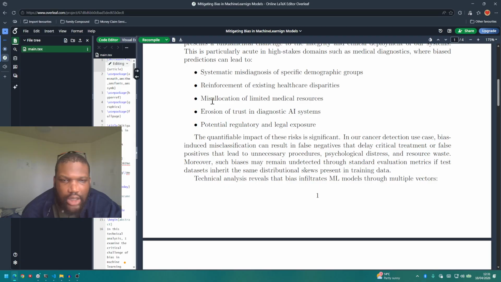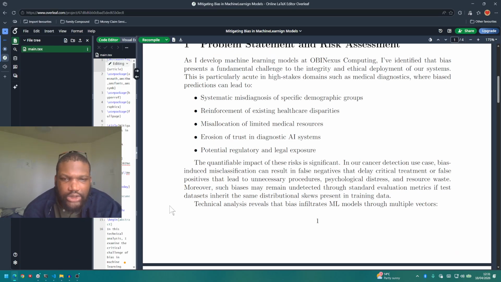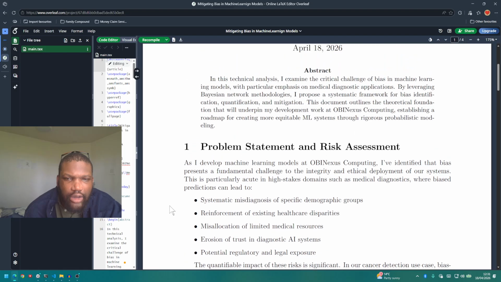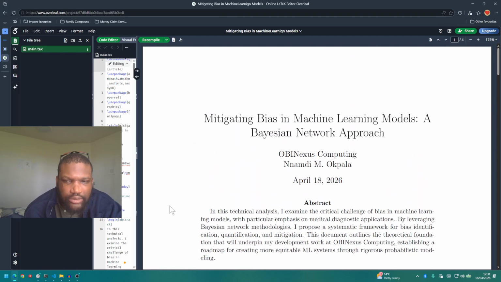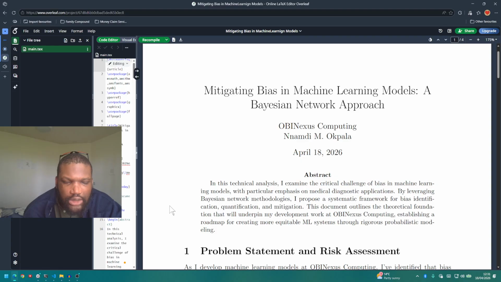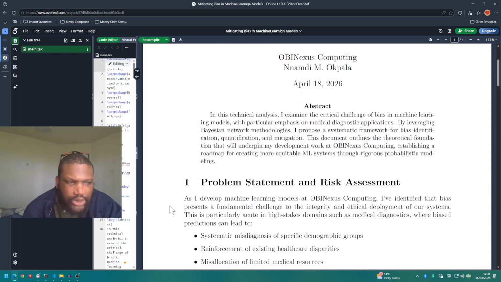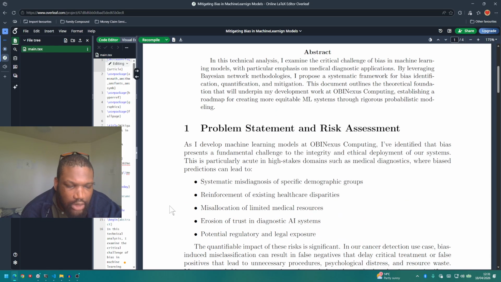So I'm saying here that mitigating bias in machine learning should use Bayesian networks to determine probabilistic probability in healthcare systems.